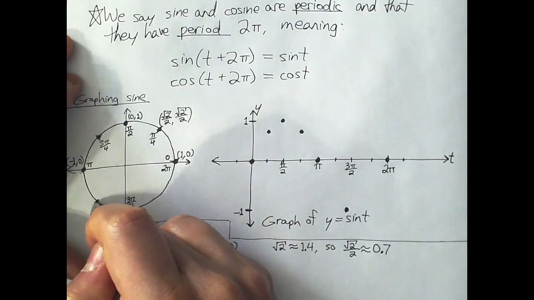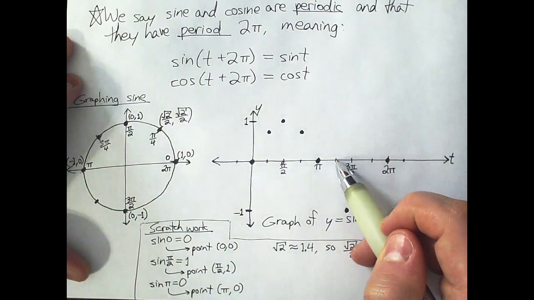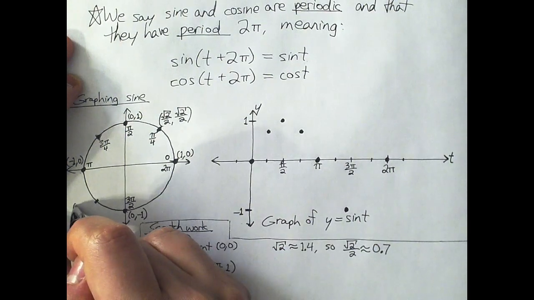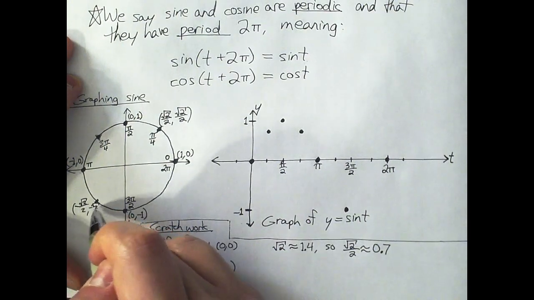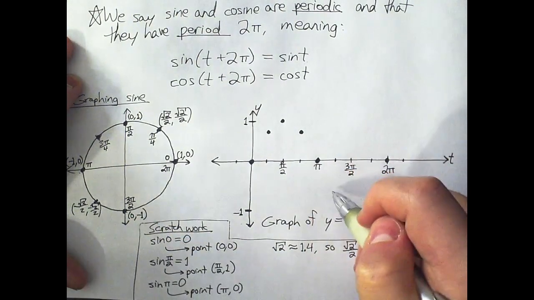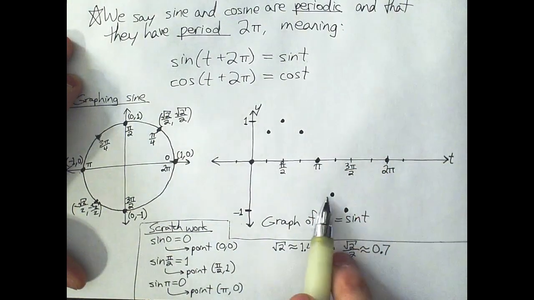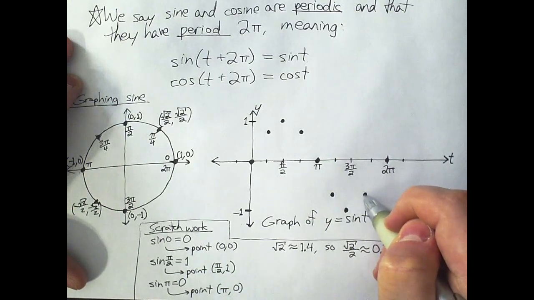Down here would correspond to this t value, and we're going to get negative root 2 over 2, comma, negative root 2 over 2. Negative root 2 over 2 would have to be about negative 0.7, which is about here. And we also get another point right around here at that same height.